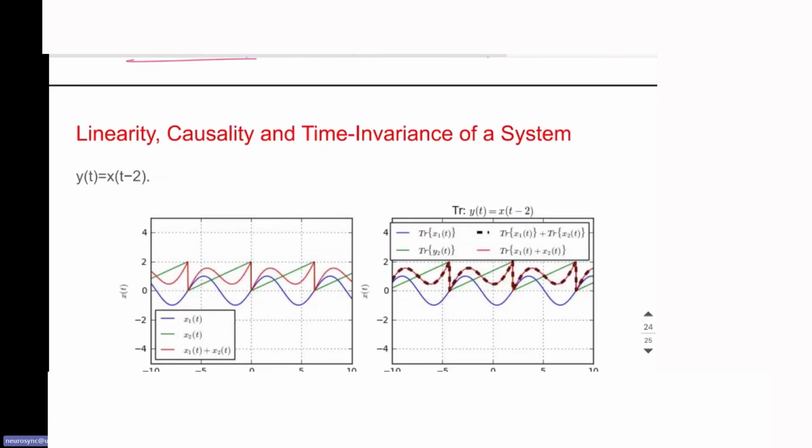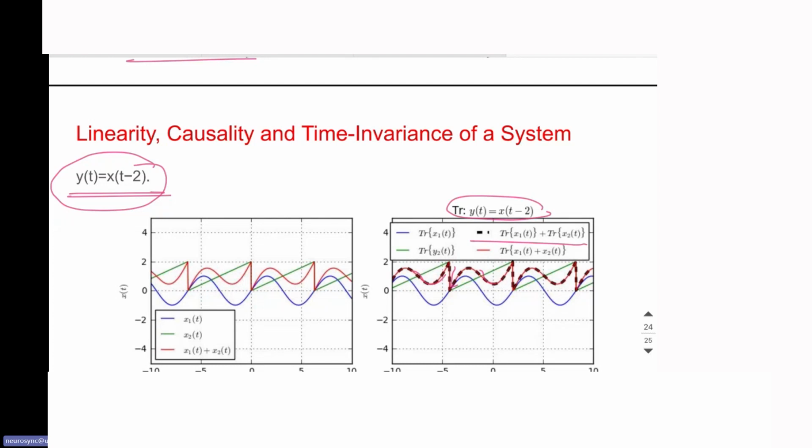Again, the third example, if I say I have a system which represents x of t minus 2. Okay. Now, if I apply the transformation separately and then add, what will I get? This curve, you can see the black curve.